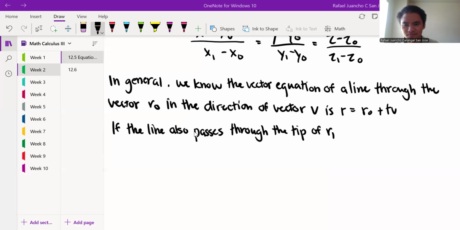Right? So is there a visual of how that looks like? Because I have no idea what R1 looks like.